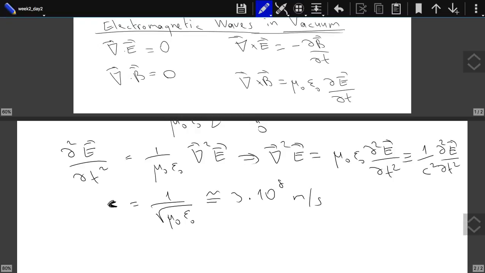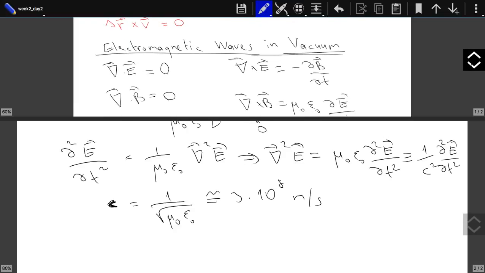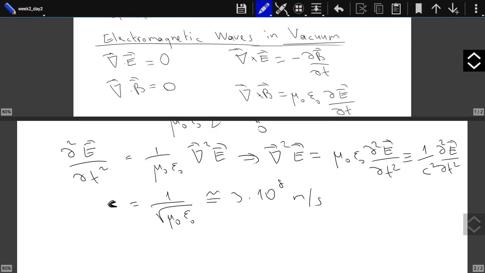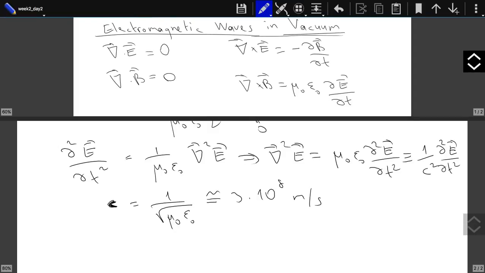Okay, so another thing, the electric field does satisfy a wave equation. Well, look at our equations. If the electric field is not zero, the B field cannot be zero. If the electric field is changing in time, there is an accompanying B field.